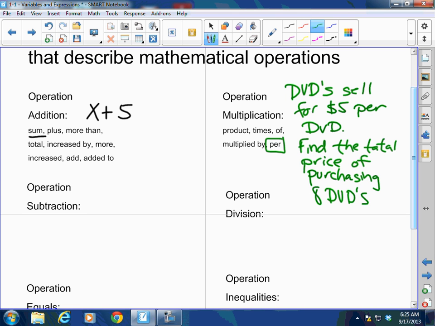Well, easy. Since it's $5 per, which means for every, and you bought 8, 8 times 5, $40. So pay attention to how the per is used.